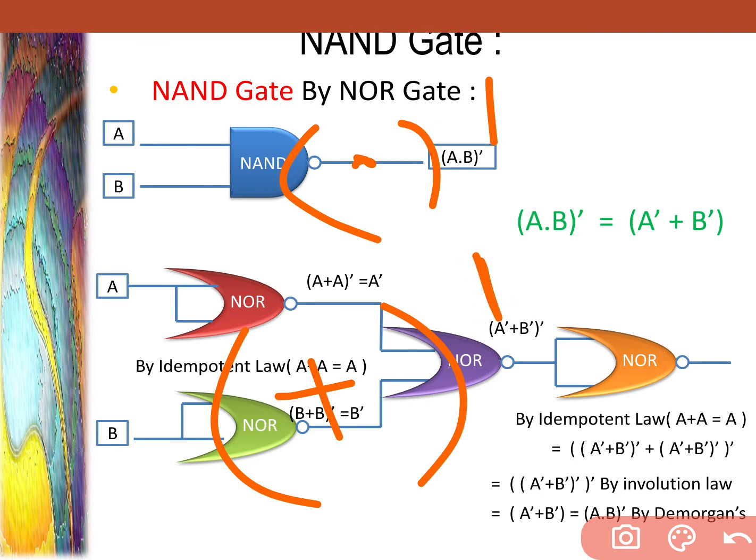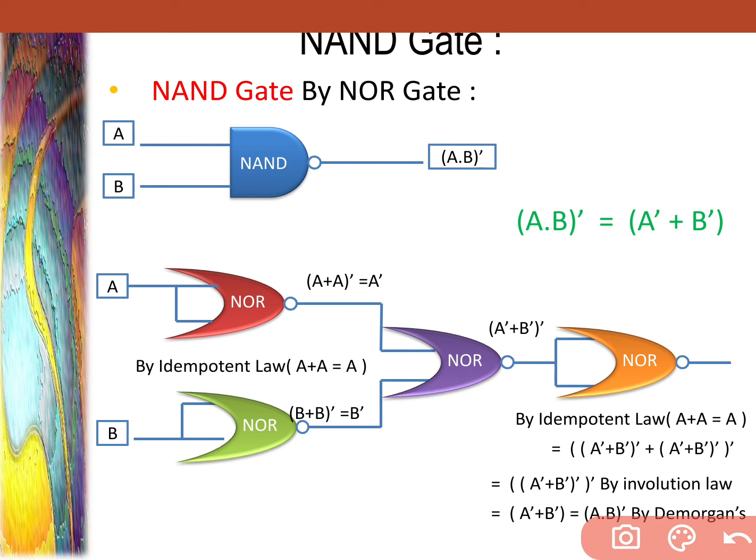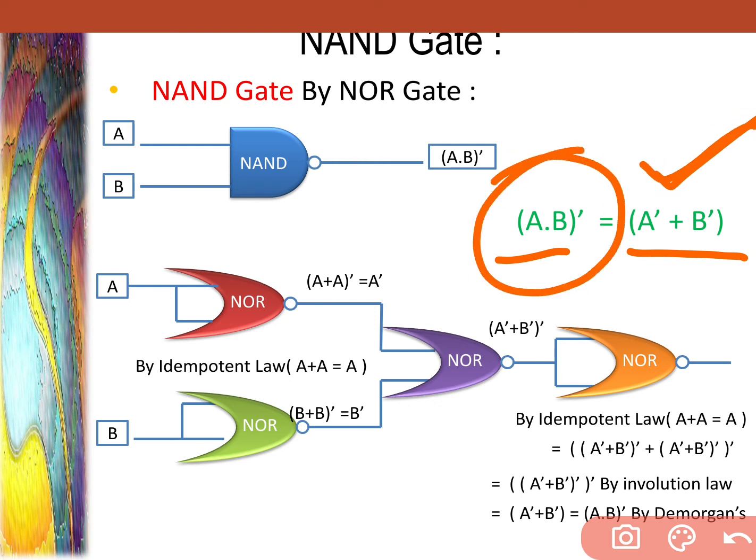Then again some issues we are having with dot and plus. Then again remember, De Morgan's law is applied whenever a dot and plus combination is there. Then what we have to do? We have to convert this to this. Directly funda. Nothing we have to do. Just we have to create this part and we are getting this one.